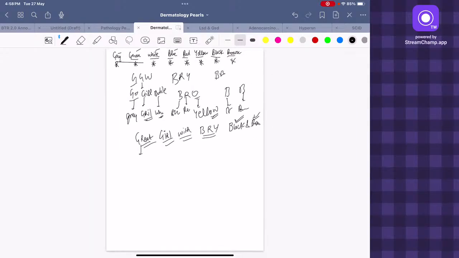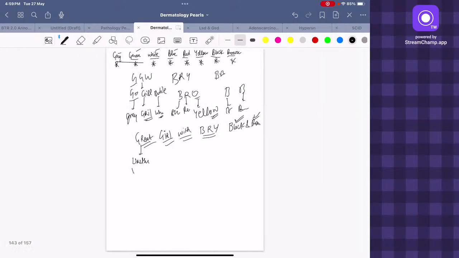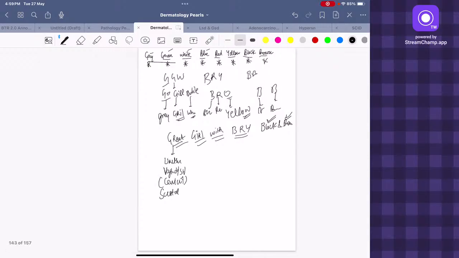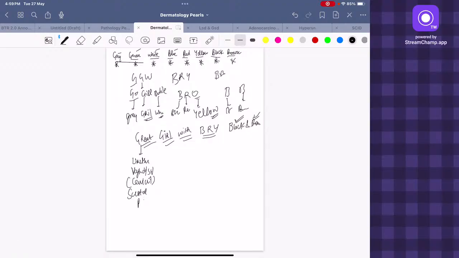तो ग्रे किट हम देते हैं यूरेथ्राइटिस, वजाइनल discharge syndrome but of cervicitis. Then we have scrotal pain, swelling, scrotal pain for girl, which is green kit. We have vaginal discharge syndrome but vaginitis.